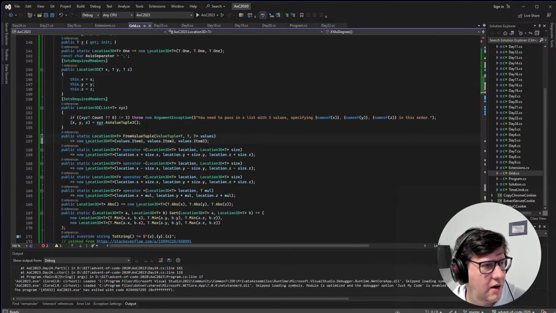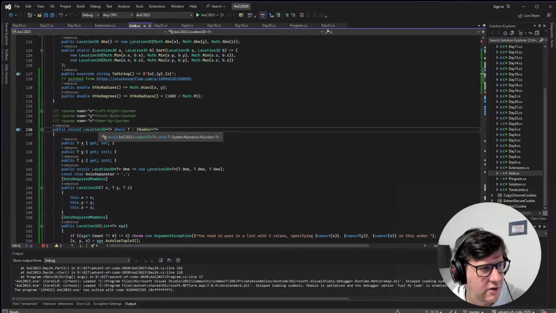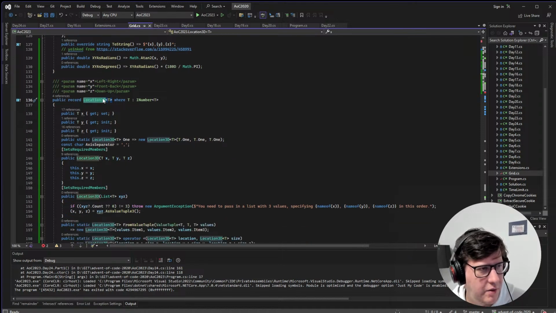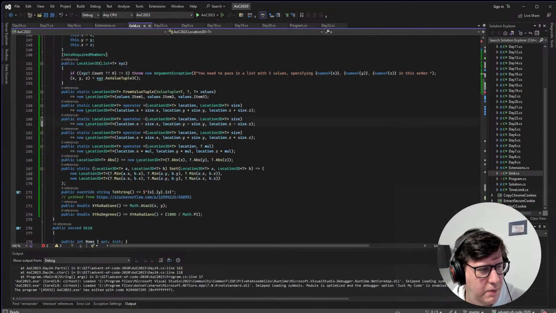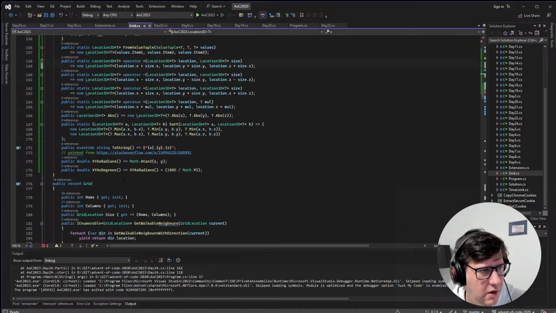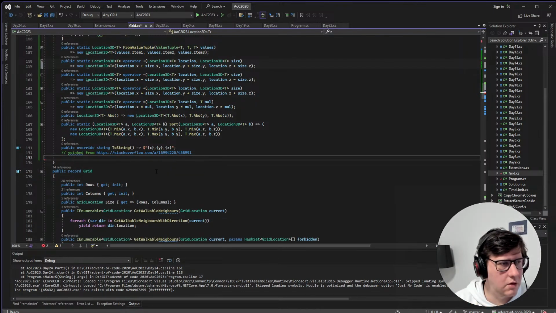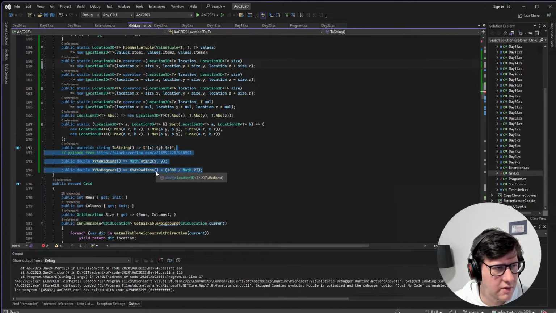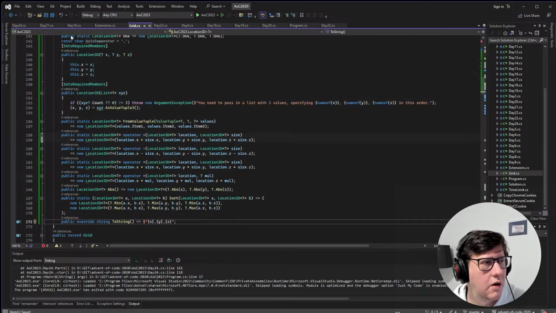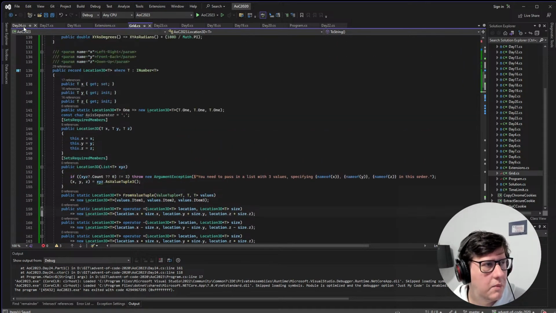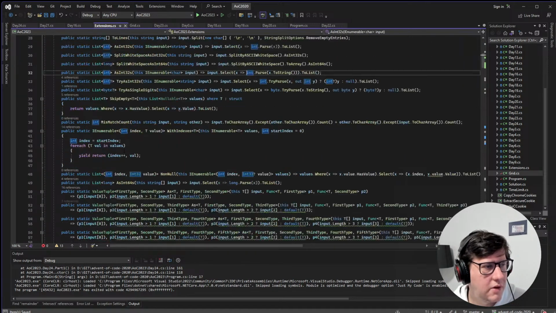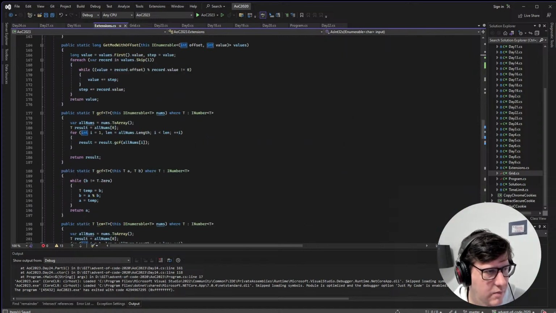Okay, but the thing is, for a generic implementation like this, where you don't know the type, you would have to specify one or something. I just need to get this away here. I put this in extensions.